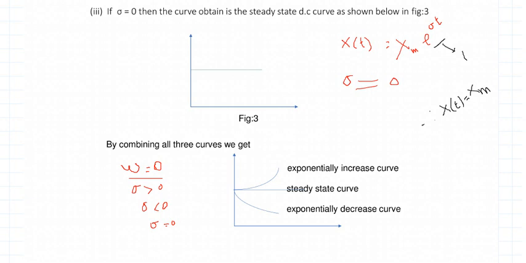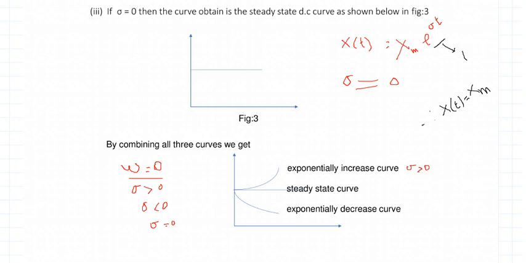We analyzed the effect of sigma by considering omega equal to 0 with these three cases. What happened when sigma was greater than 0? We got an exponentially increasing curve.